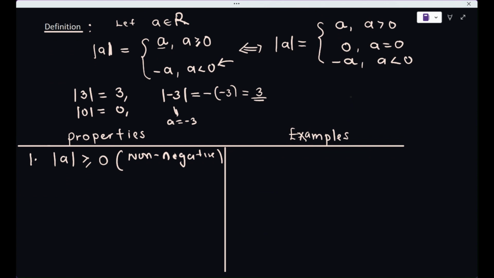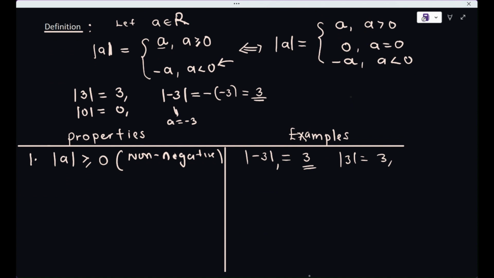So it means the output can never be negative. Even if you take a negative number, what is the absolute value of this? You see, it's 3. And you see that 3 is non-negative. If you take, let's say 3, you will still get 3.